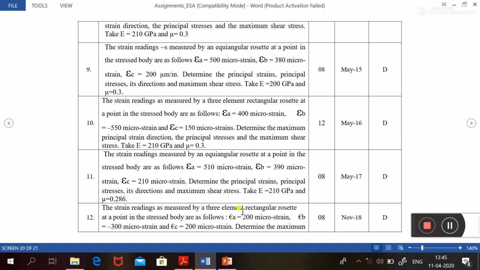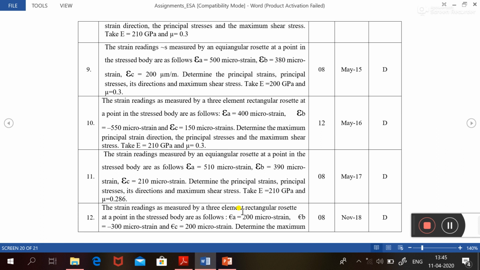The procedure to solve all the numericals is the same. According to the given data from epsilon a, b, c and d, initially I have to calculate the required parameters, that is epsilon x, epsilon y, gamma xy, by taking reference of the table in which all the formulas are given.